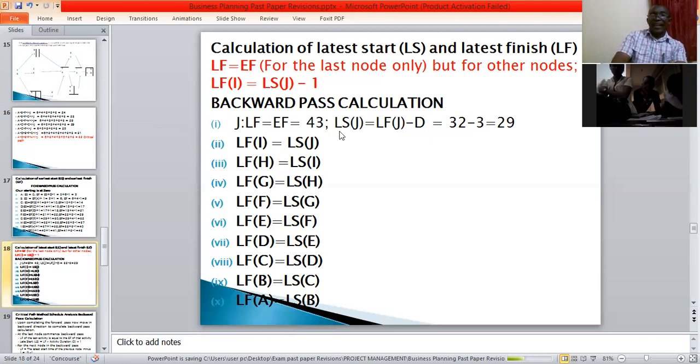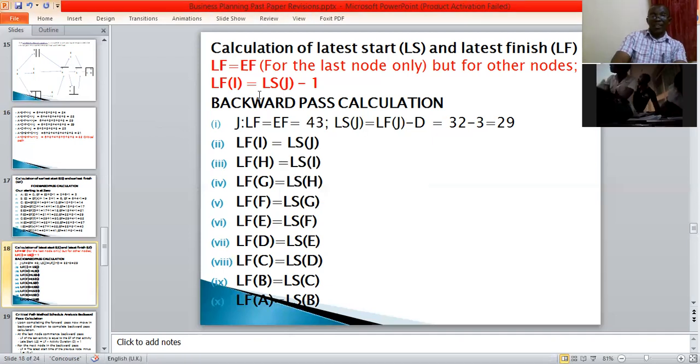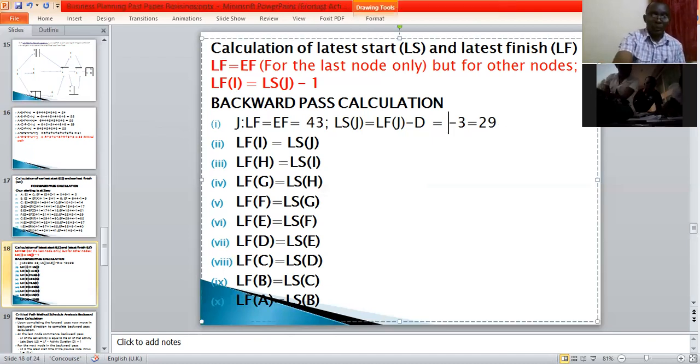Then the latest start for J, according to our formula here, is latest finish J minus D. So we are saying the latest finish for J is 43. 43 minus the duration.